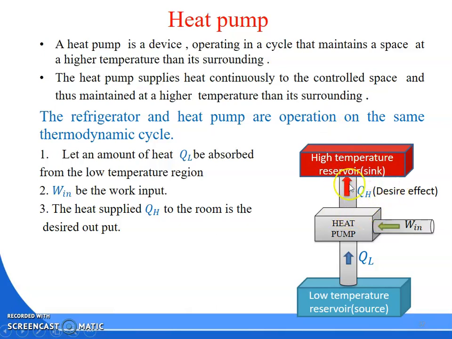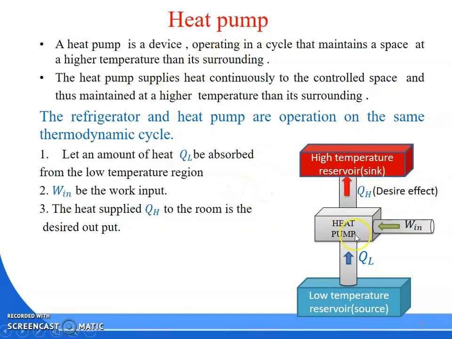Our aim is to maintain a high temperature, that is QH. Let QL be the heat absorbed from the low temperature region by the heat pump, and Win the work input. The heat QH supplied to the room is the desired output. That is the function of a heat pump.